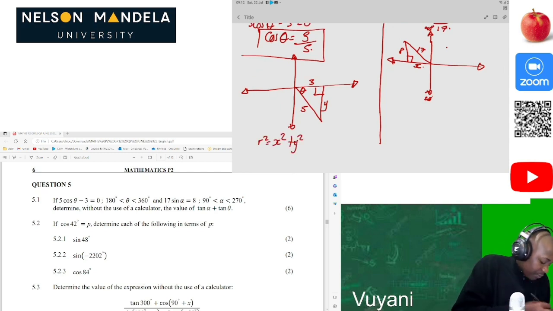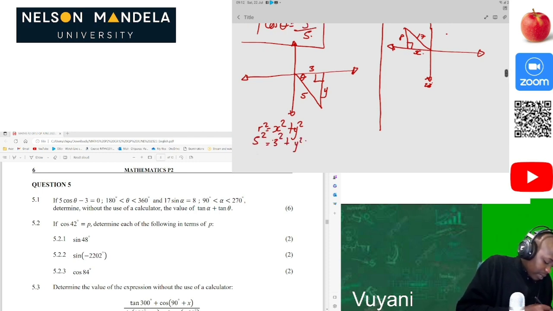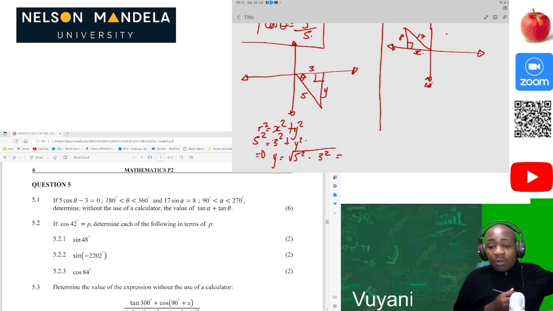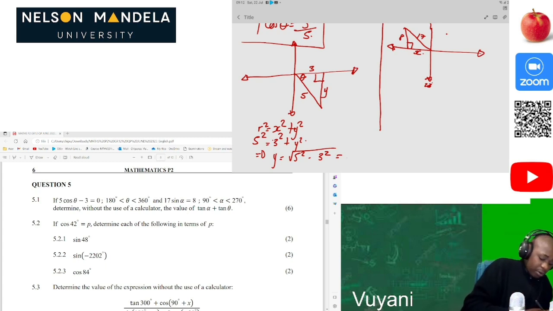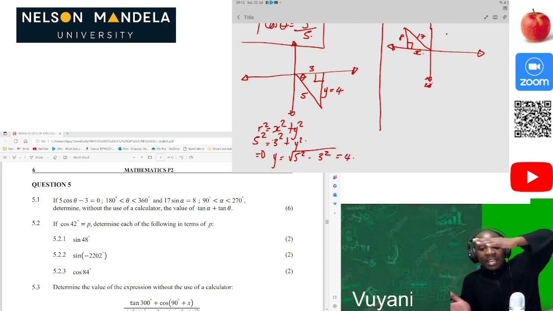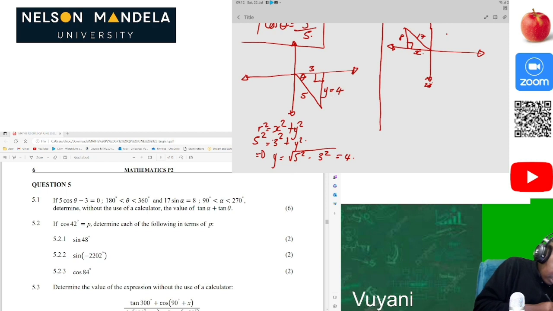For the first triangle, r squared is 5 squared, and x is 3, so y will be the square root of 5 squared minus 3 squared. Use your Casio calculator always so that you can be accurate. 5 squared minus 3 squared gives 4, so our y value is 4. But you can see that this is the side where y is negative, which means y is going to be negative 4.